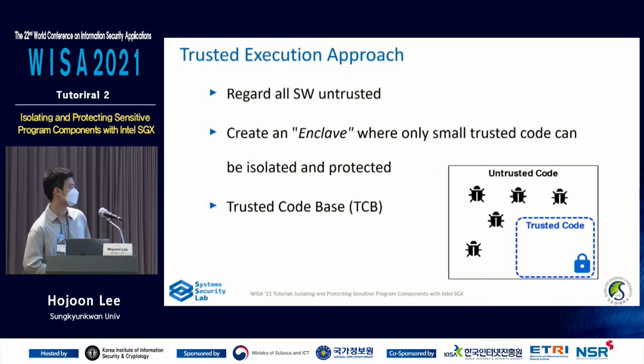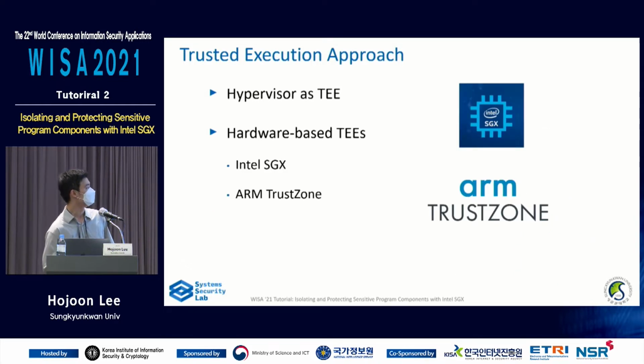TCB is a term we use often in the realm of system security. So we call something that is verified, something that we trust, the trusted code base, or TCB. An enclave can be created architecturally, meaning you modify the hardware to provide such capabilities, or you can also leverage software to create such enclaves. In the past, a lot of researchers have used hypervisors as trusted execution environments.